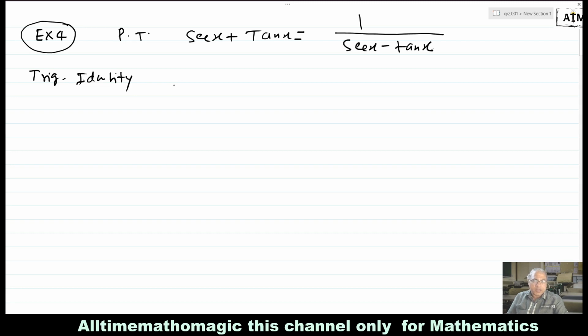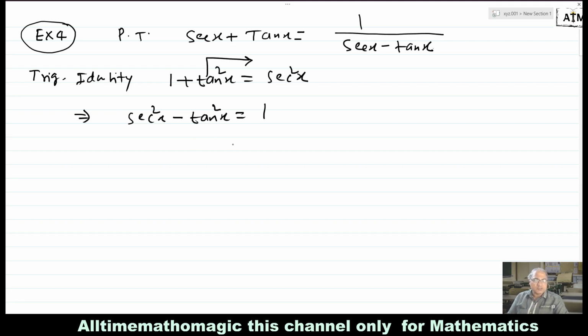What is that? 1 plus tan square x equals sec square x. Rearranging, we get sec square x minus tan square x equals 1. We take tan square to that side.